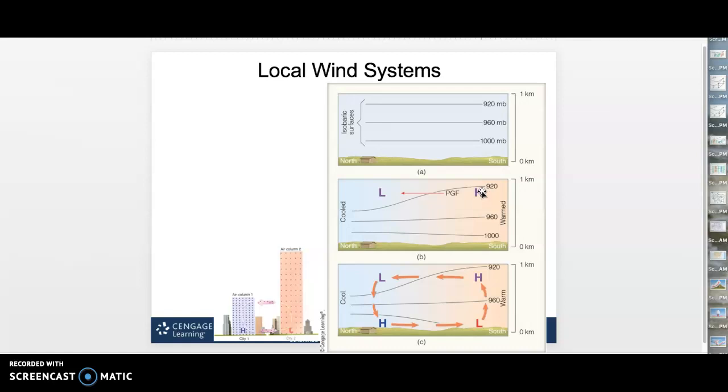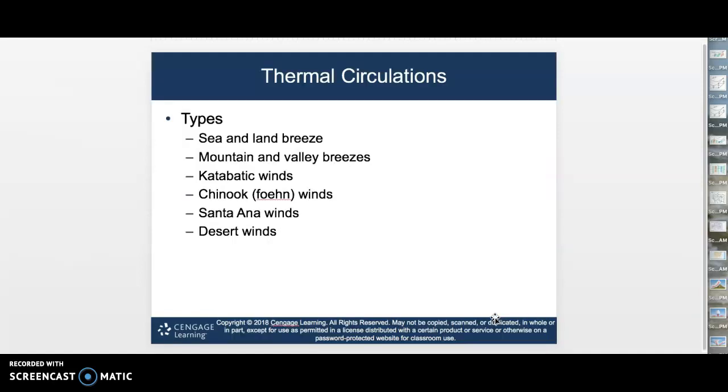That means the pressures aloft, moving from high to low. These are warm areas that have high pressure aloft, moving to cooler areas that have lower pressure aloft. And in the same way as in the columns of air in our city, you produce a circular pattern. Check that out. If you need to go over this again, you can always stop the tape.